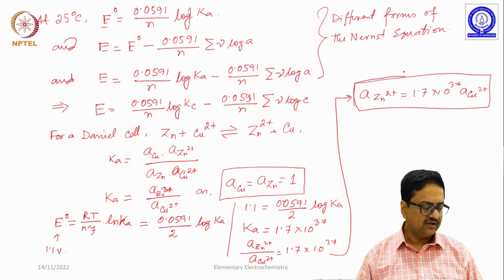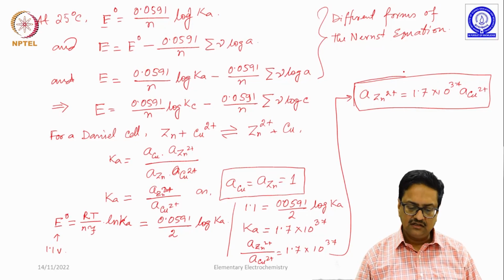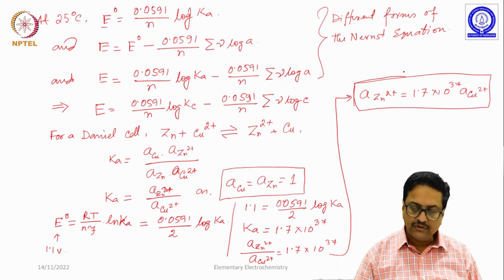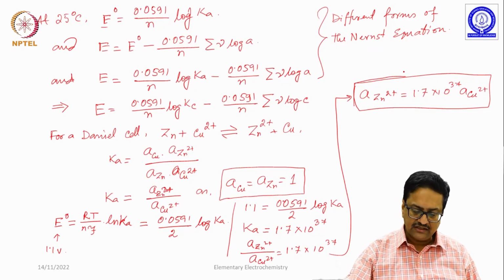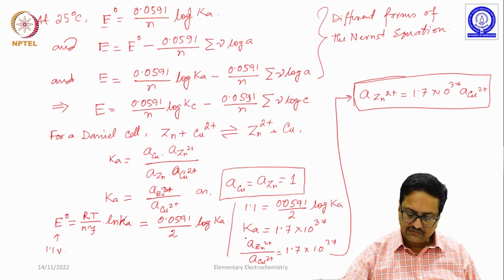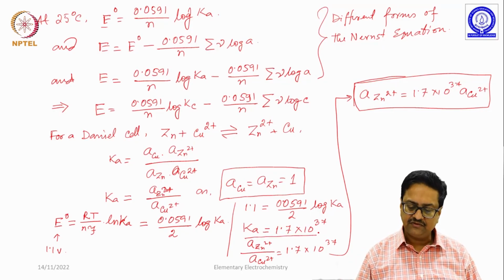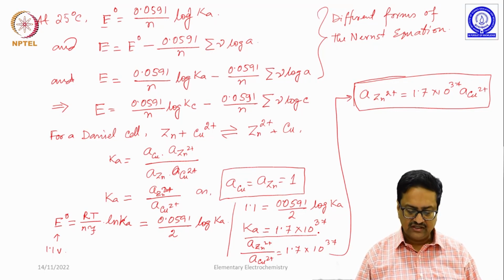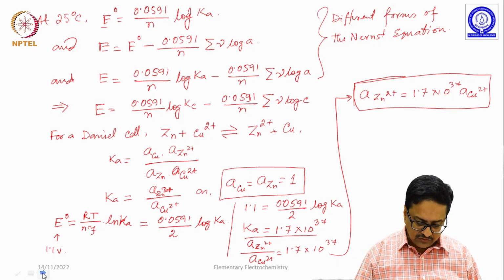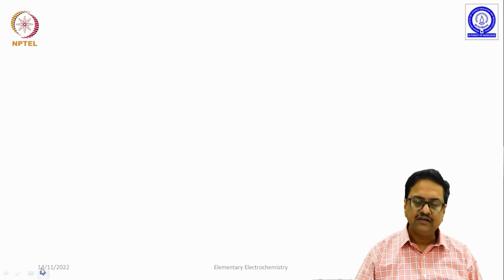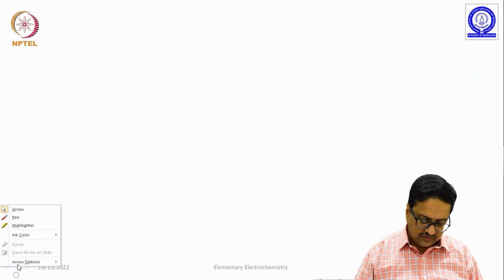So like this one can do some simple calculations based on the EMF, and one can calculate the equilibrium constant, and from that one can calculate the ratio of activities of the corresponding constituents. So based on this, I would like to give you one assignment or one problem for you to try.